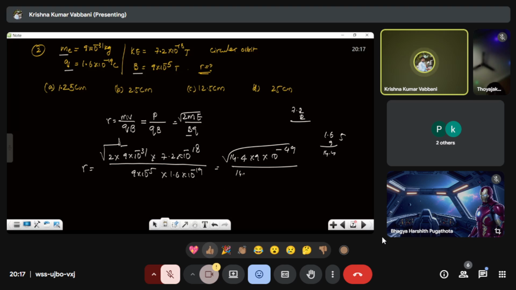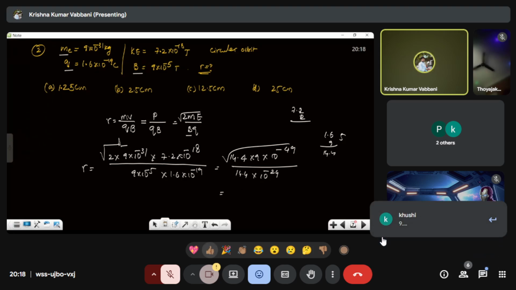Here also 14.4 into 10 power minus 24. So calculate 14.4 into 9.